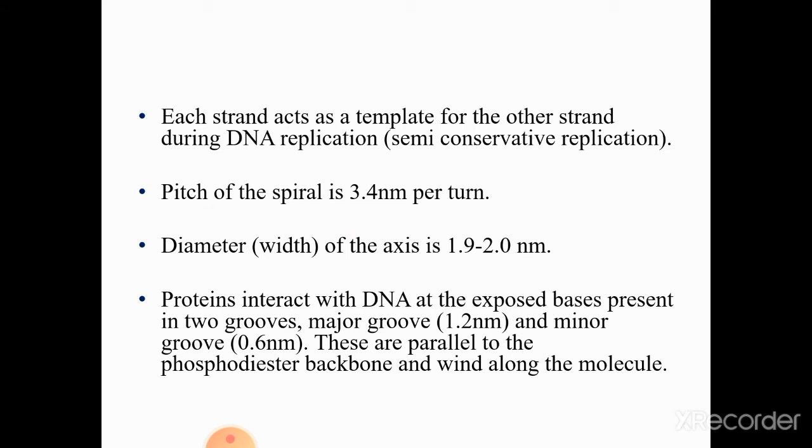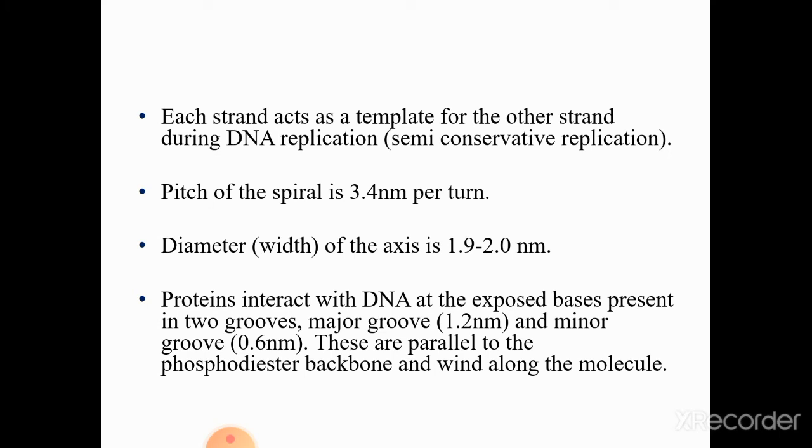Other features include each strand acts as a template for the other strand during DNA replication. So it has a semi-conservative replication. During replication, one strand is acting as a template for the other.